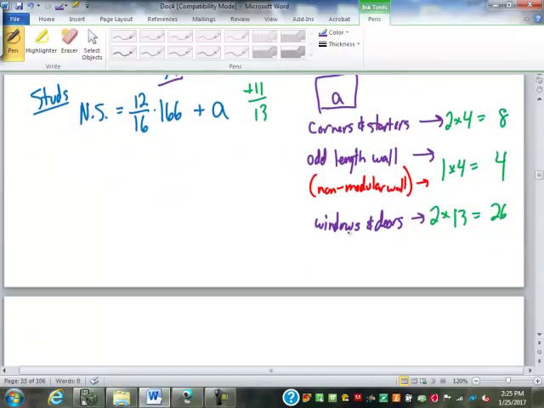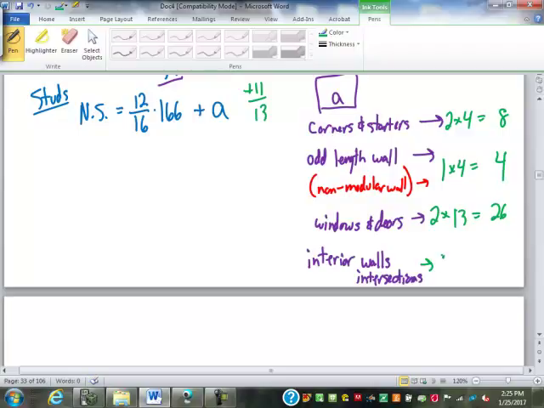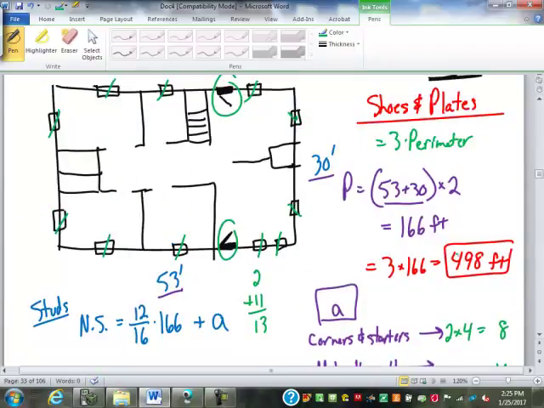What's the last thing we add for? Interior what, guys? I heard somebody say it. Interior wall intersections. And how many do we add for each one of those? Just 1 for each. So up here, interior wall intersections, we have 1, 2, 3, 4, 5, 6, 7, 8.